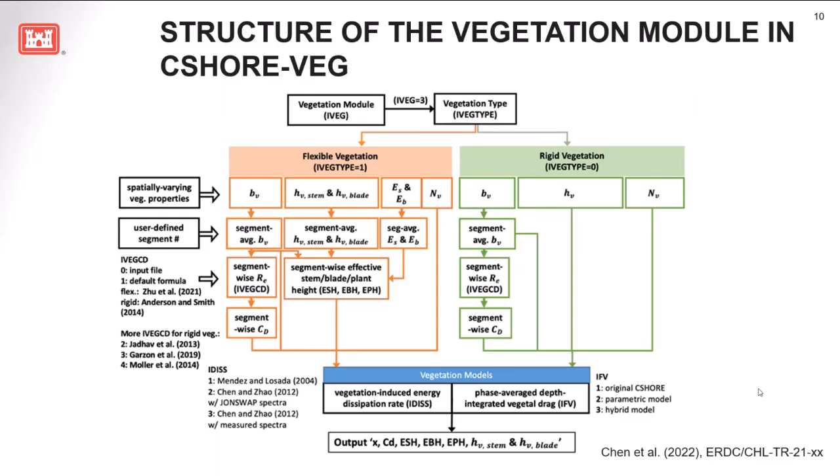Next, you can choose which drag coefficient formulation you'd prefer and how you'd like the model to calculate energy dissipation due to vegetation resistance and the phase average depth integrated drag due to vegetation. And after CSHORE is run, you have a record of the calculated drag coefficient, effective plant height, and the original height of the stem.